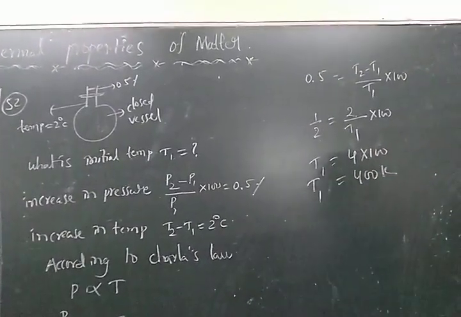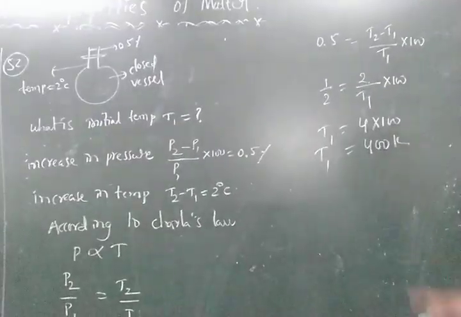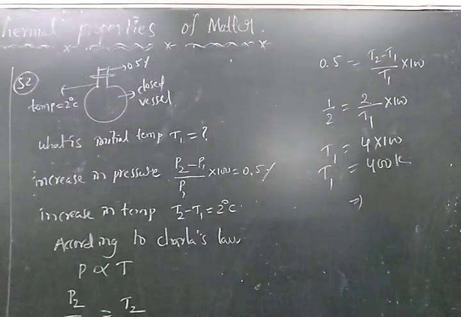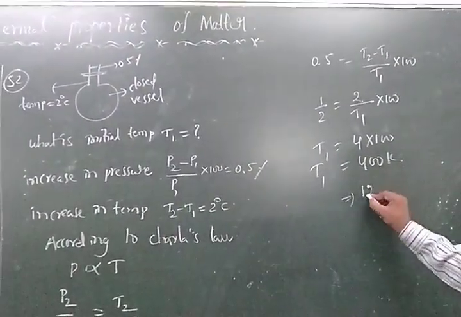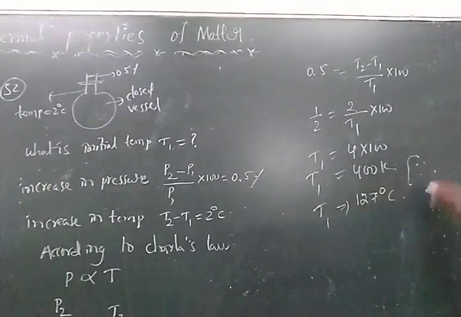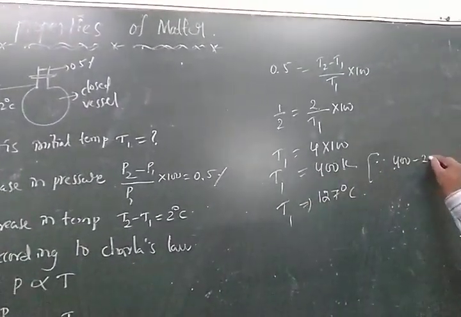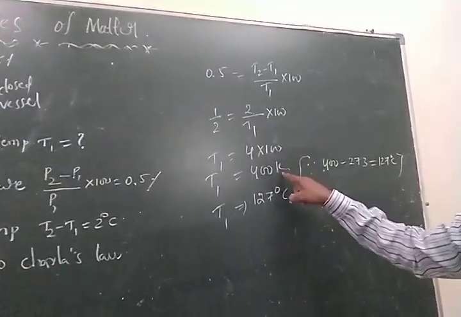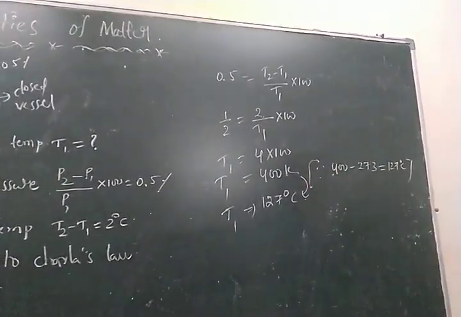In degrees we subtract 273, and 400 minus 273 is equal to 127 degrees centigrade. The Kelvin is converted to degrees centigrade.